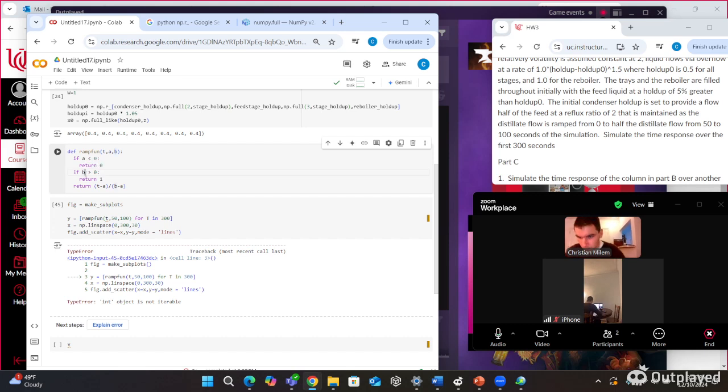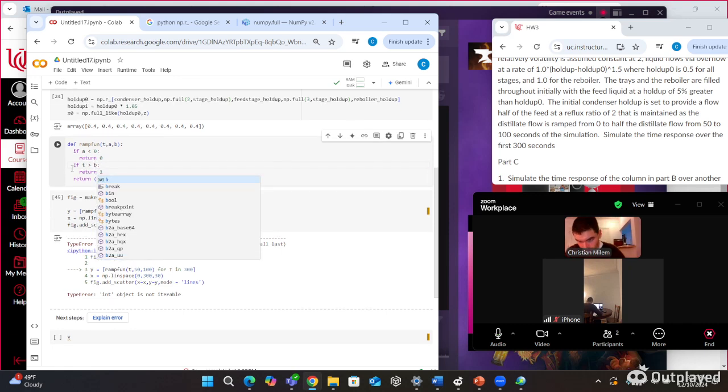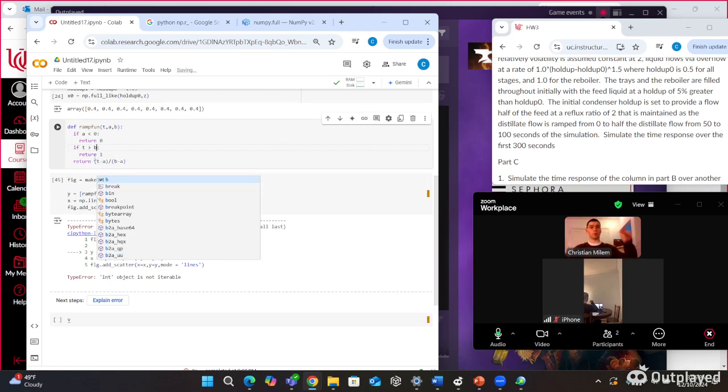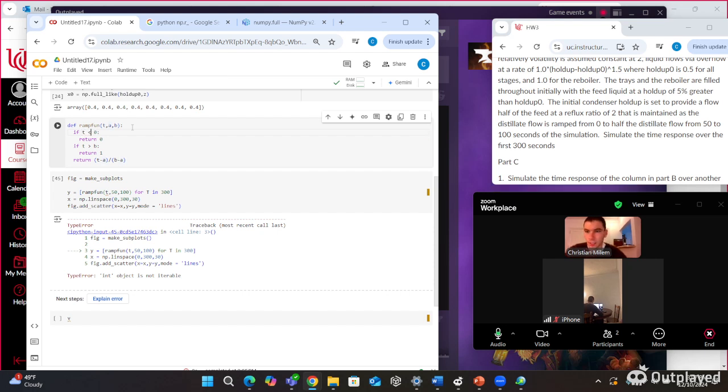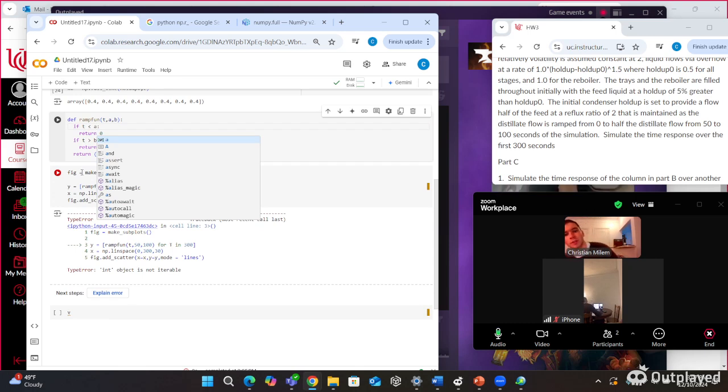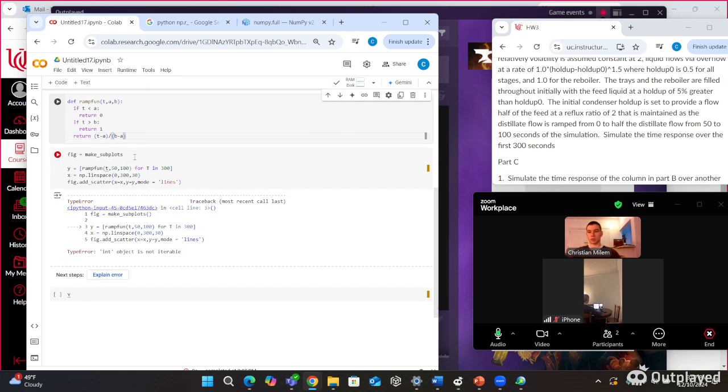It needs to be if t is greater than whatever value of b we put in, then it's just going to return y equal to 1 as a straight line for all values of t after that. If t is less than a, then everything before that needs to equal 0. So the only time that it's not 0 or 1 is whenever t is in between b and a, and that's going to be this slope that we have right here that goes from 0 to 1.